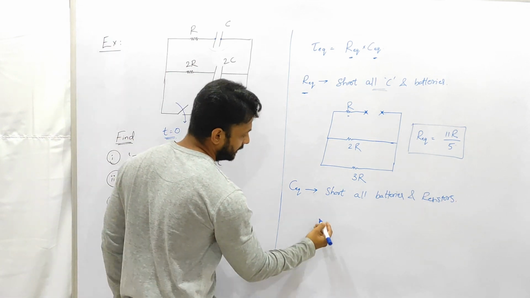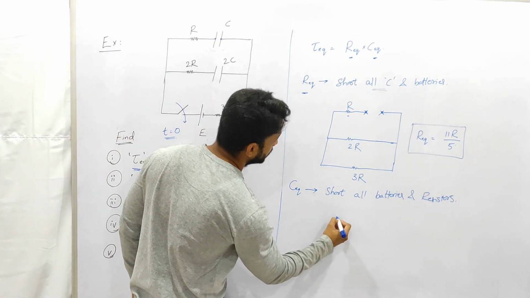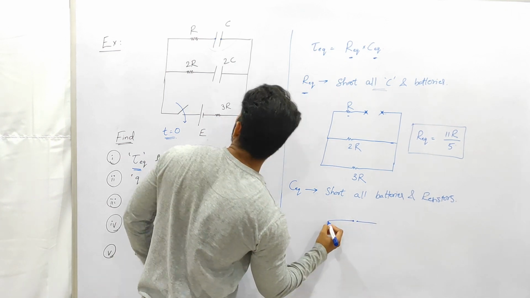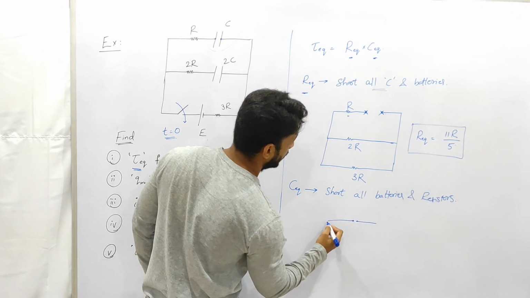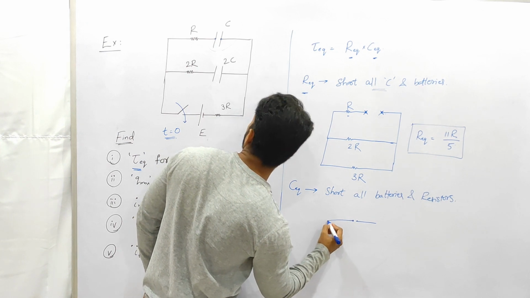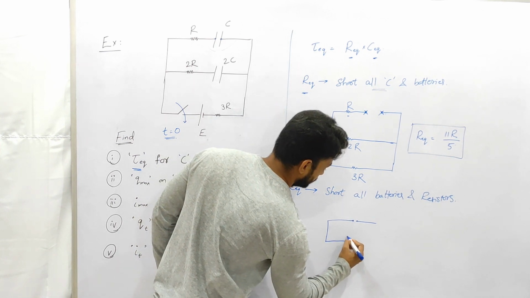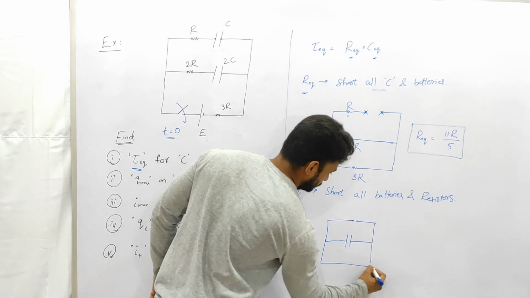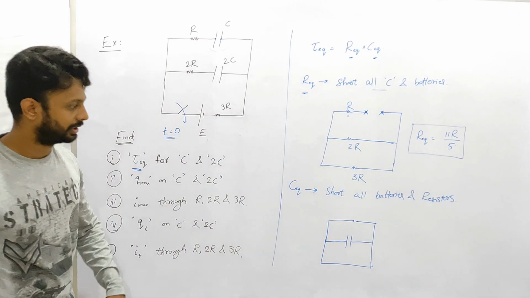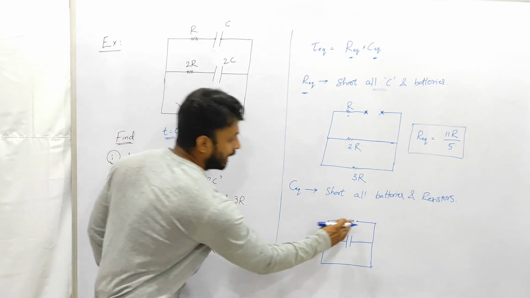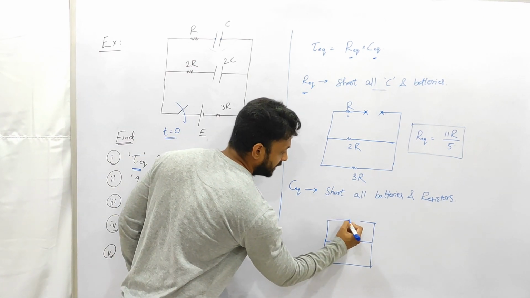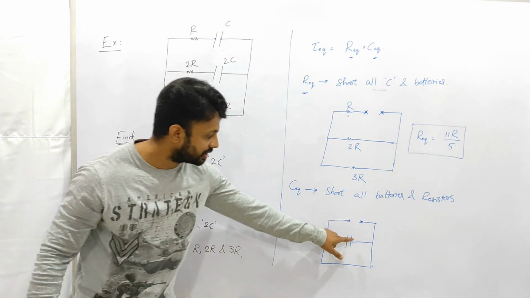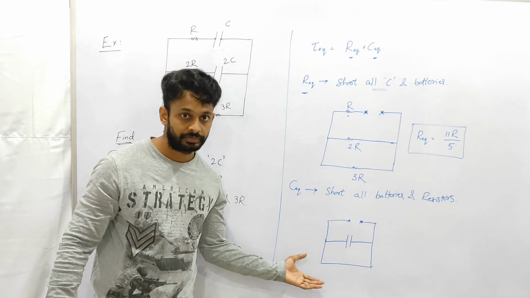So what do I get here? I am just redrawing the circuit, shorting all resistors and batteries. This is the circuit I get. And across these two plates of that required capacitor, we need to find the C effective. What is the C effective I am getting here?